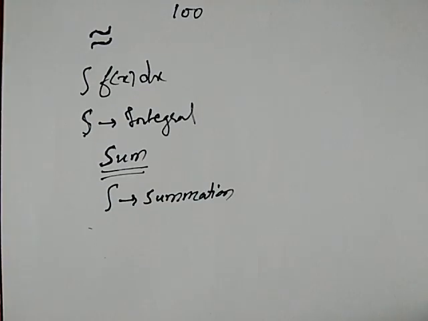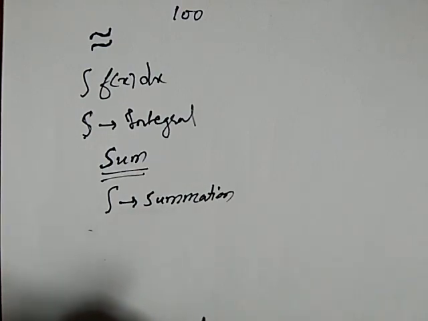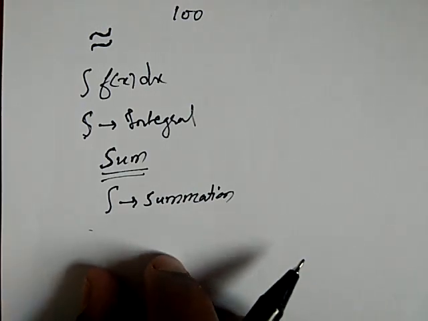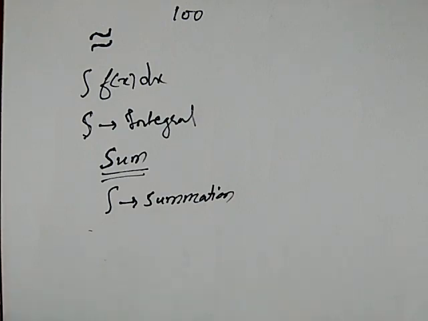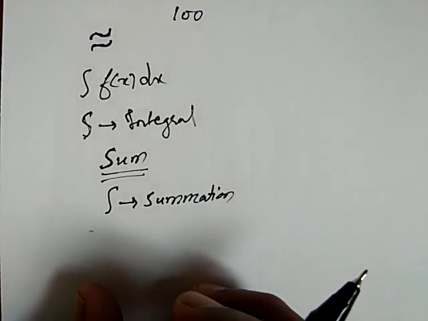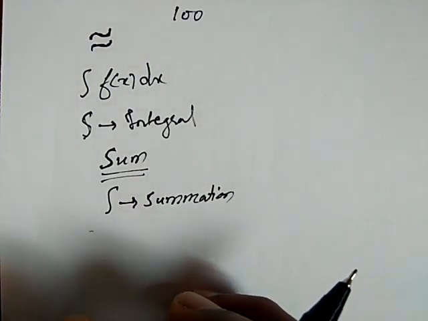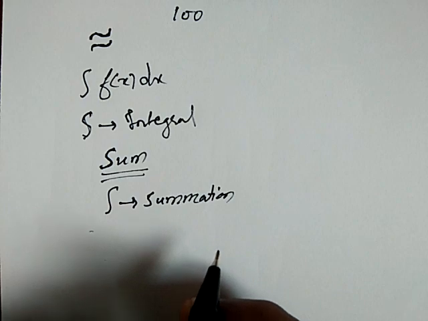Actually the integral tells us how much something is accumulating. For example, downloading a movie: in 1 minute some data is downloaded, in 2 minutes, 3 minutes, and so on. It is like the graph between instantaneous speed and time. The data accumulated in downloading the movie is nothing but the area enclosed.